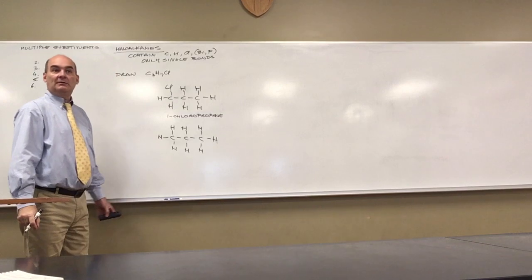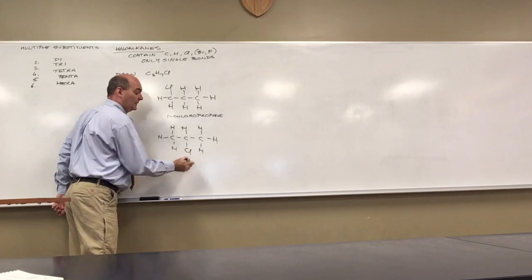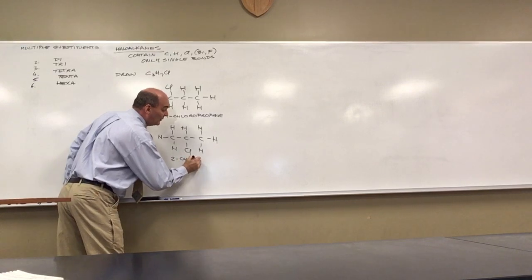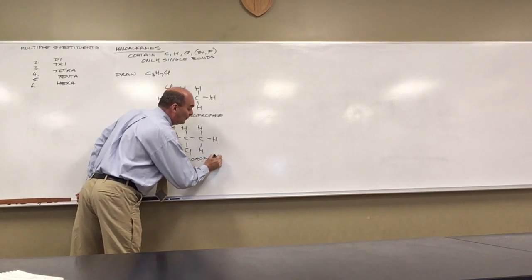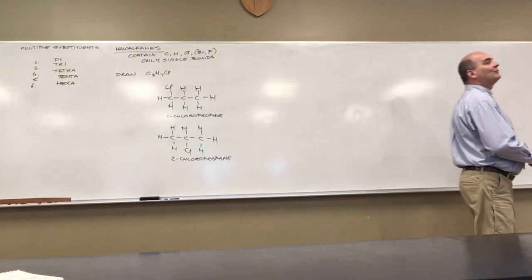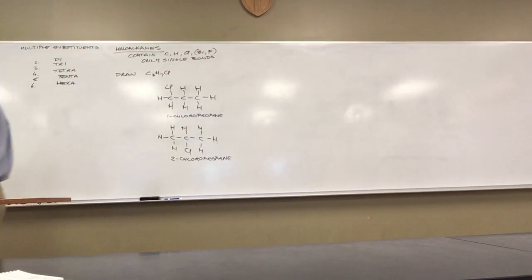So what's my other option? Put it at the 2. This is 2-chloropropane. And 1-chloropropane and 2-chloropropane have the same chemical formula, but they have different chemical behaviors. We're going to use one of them for one purpose and the other one for something different. So when you call up the manufacturer and say, I need 50 liters of chloropropane, they're going to say to you, which one?